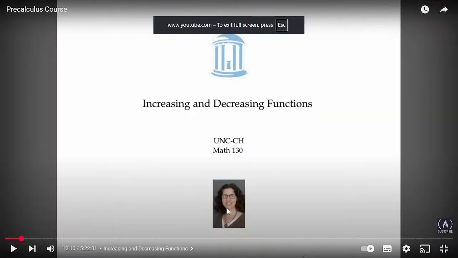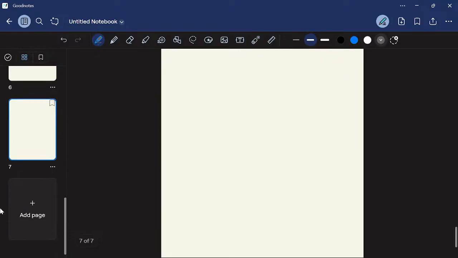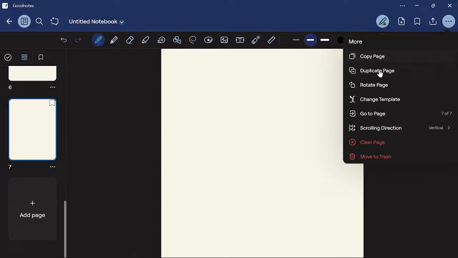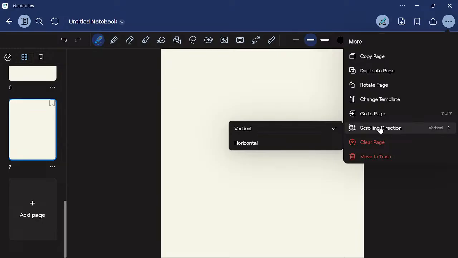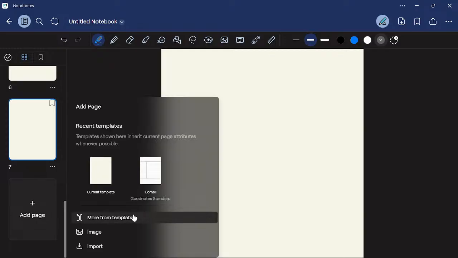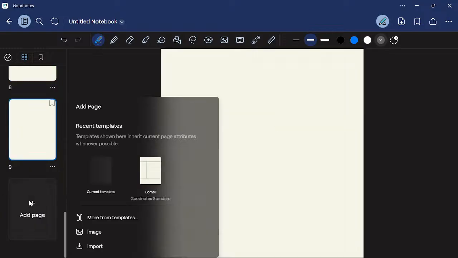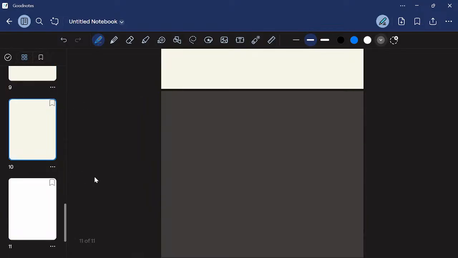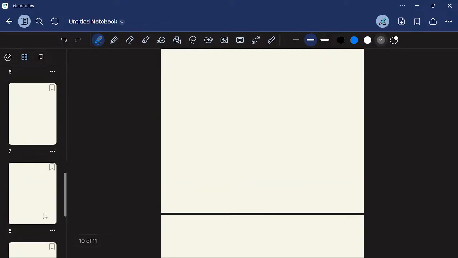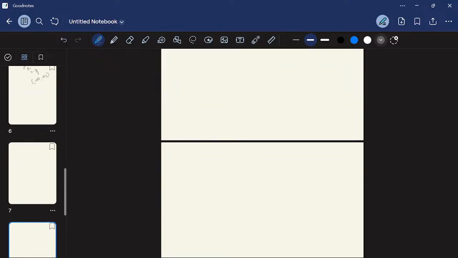So, yeah, increasing and decreasing functions. Can I programmatically get like 100 pages? I mean, it is a process. Okay. We are looking at increasing and decreasing functions.